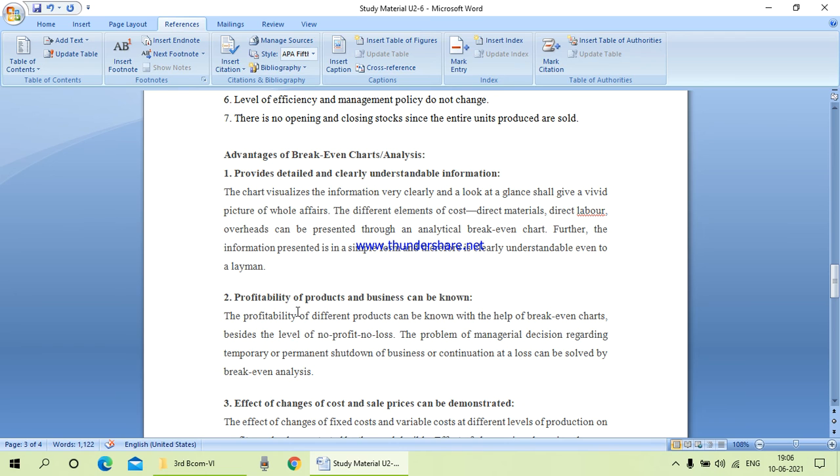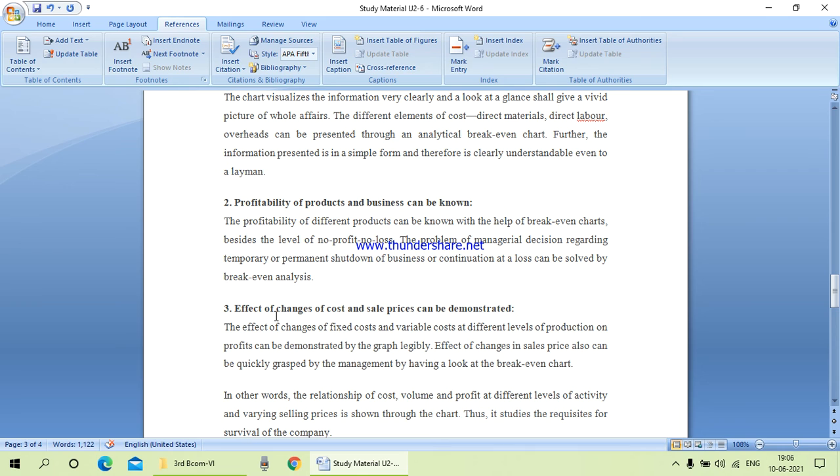Then profitability of product and business can be known. Another advantage of this chart is that the profit earning capacity of the products can be known with the help of this chart. And the effect of changes of cost and sale price can be demonstrated.